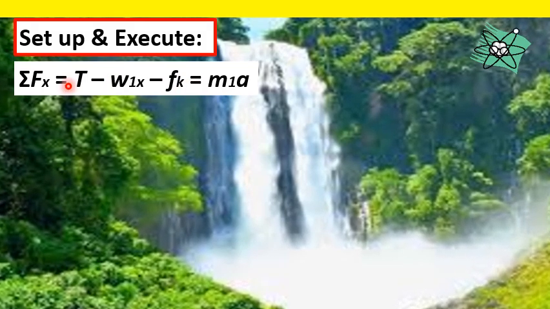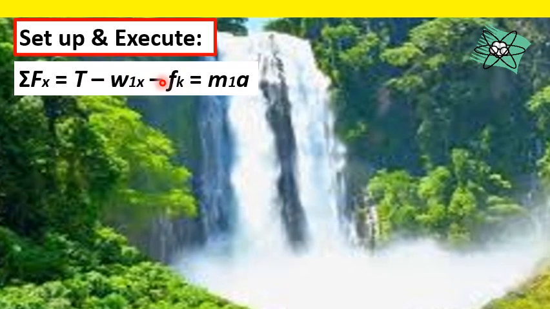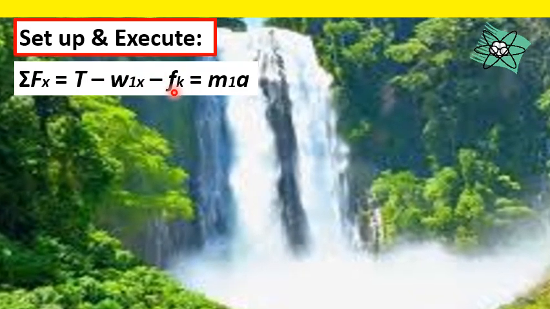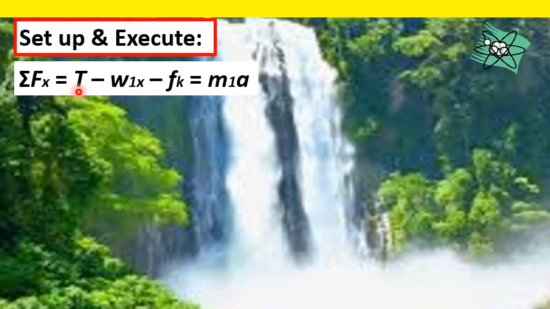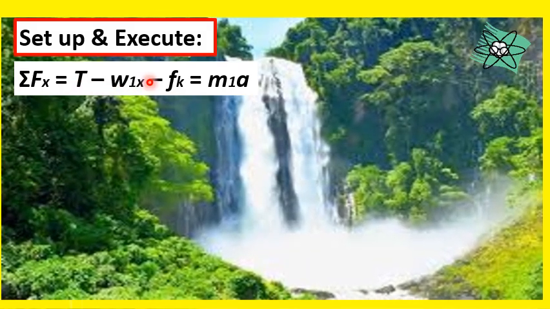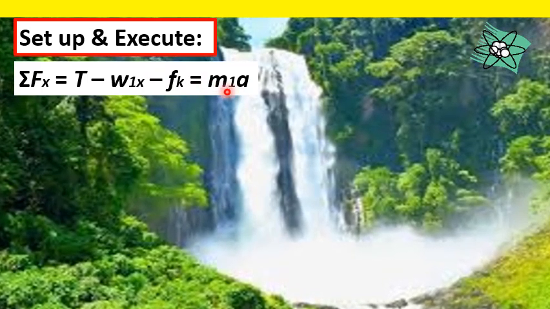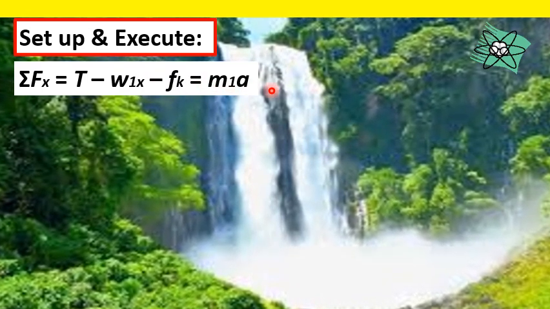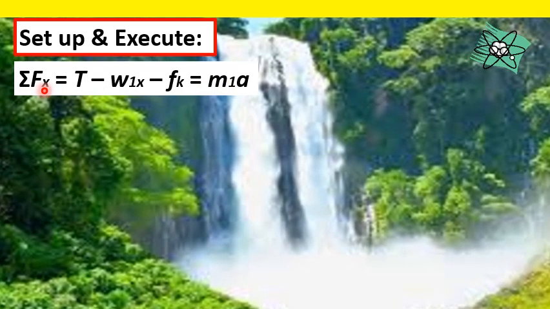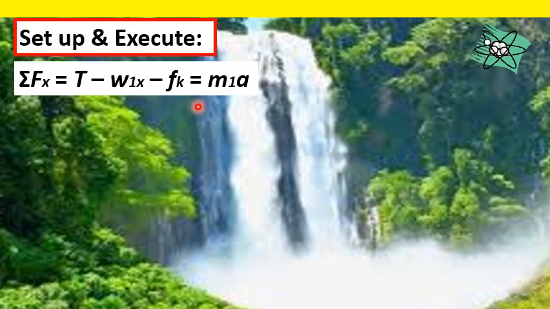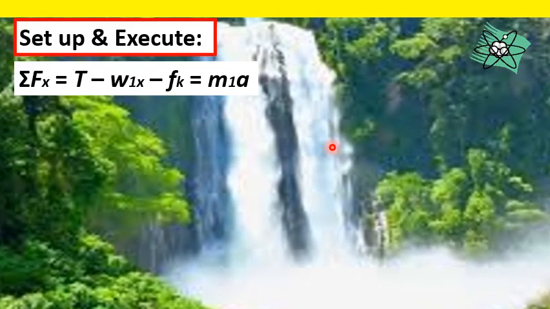So the vector sum of these three forces is the net force acting on mass M1. And if we equate that to the product of the mass of M1 and the acceleration, then we are in fact applying the law of acceleration, F net equals ma.